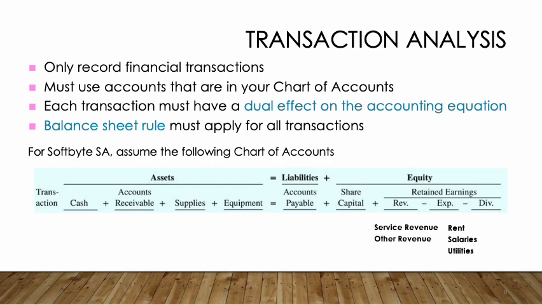And for expenses, we're going to use rent expense, salaries expense, and utilities expense. So I've just expanded our chart of accounts a little bit for this particular stage here. This is actually step one in the accounting cycle here. So it's important that we pay attention to how these transactions affect the balance sheet equation.